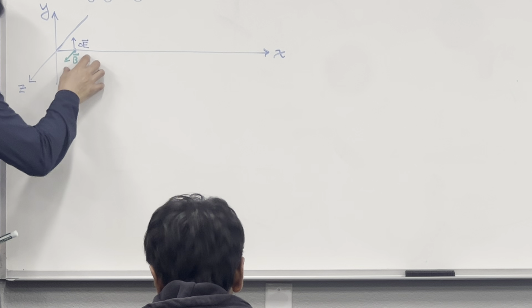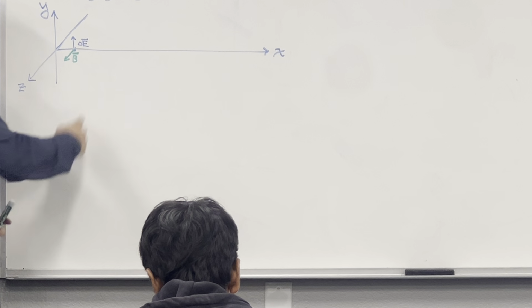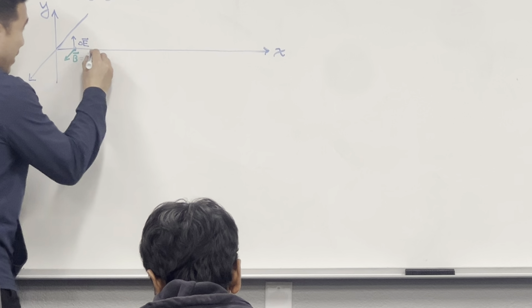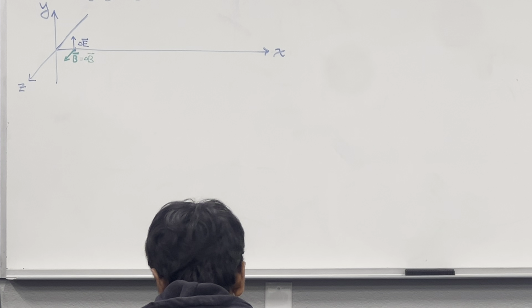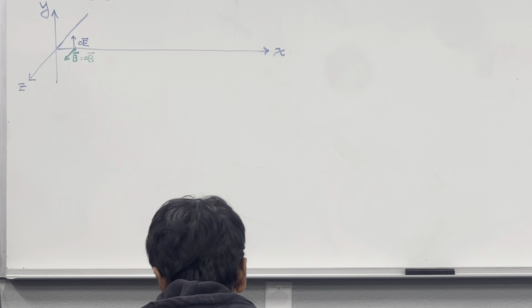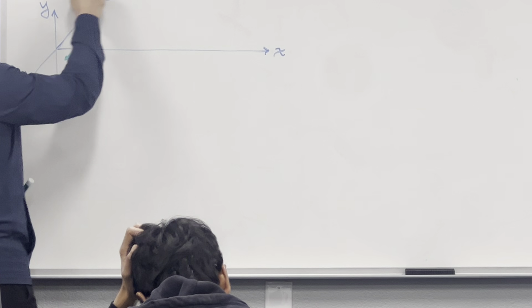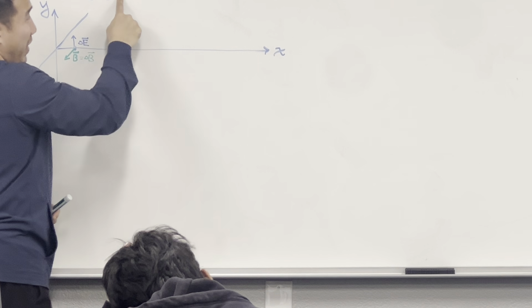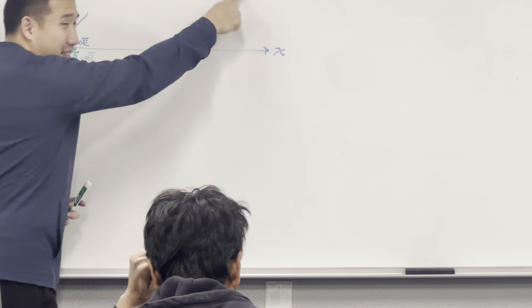This magnetic field was just generated, so this is also equal to delta B, because originally there was no magnetic field. But what did we discuss? A changing magnetic field B generates a resistive delta E.